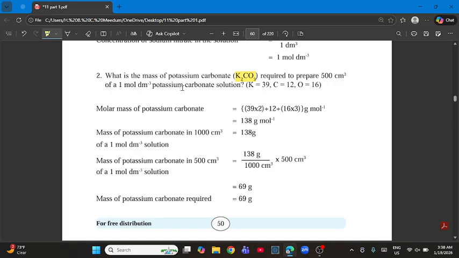So you need 0.5 mol. So first we have to find the mass of 1 mole. So you have to calculate it and you'll get it like this. So for 1 mole it's 138 gram, and we are going to use 0.5 mole, so we need half.